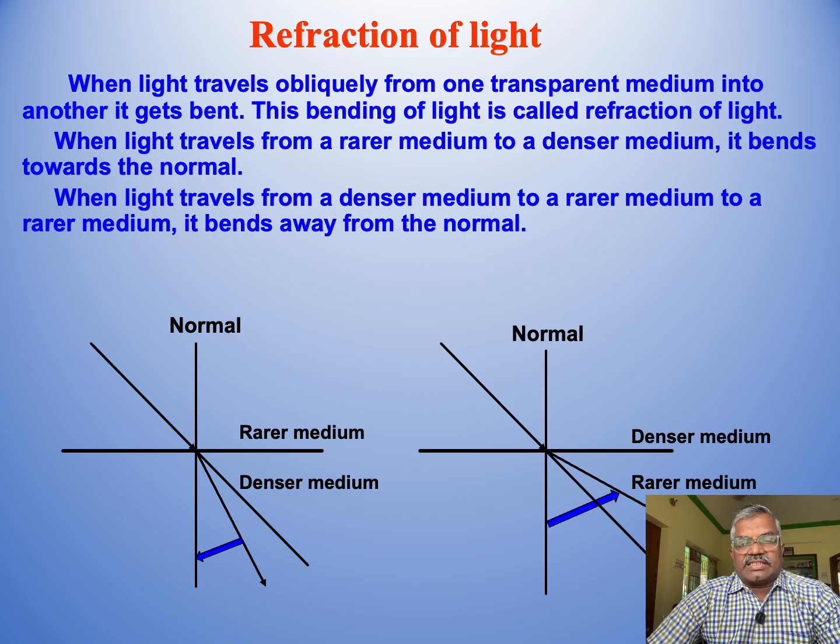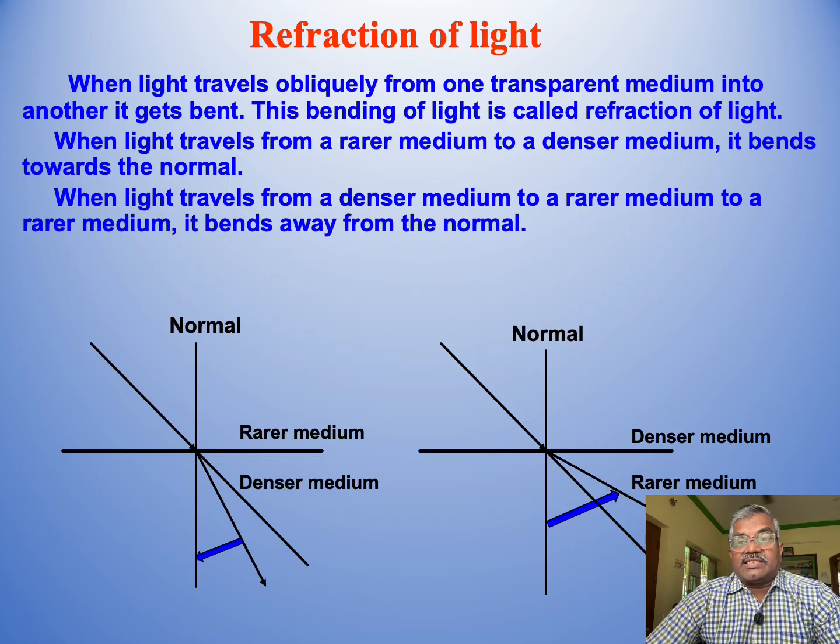Now, refraction. I already introduced refraction. Refraction of light is the bending of light as it passes from one transparent medium to another. This bending is caused by the change in the speed of light as it enters a different medium.